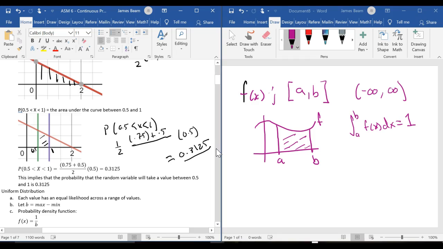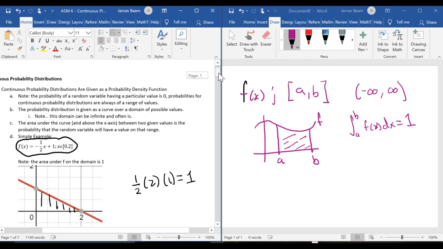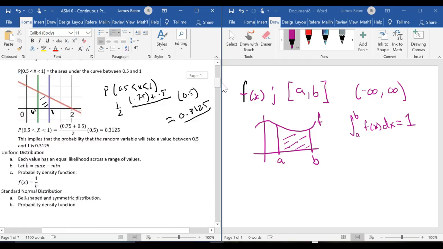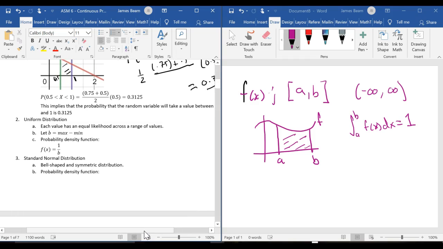So given that there's a lack of precision there, you're going to say, okay, the probability that somebody weighs between 175 and 200 is this. So that's a pretty basic idea of how a probability density function can give a continuous probability distribution. We can find the probability for any given interval if we have the probability density function.